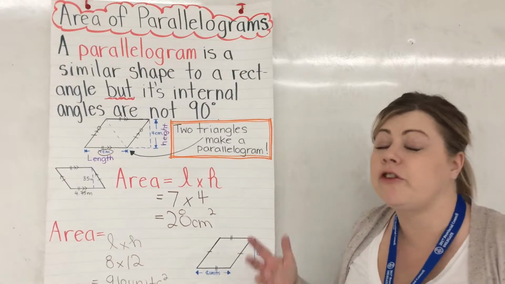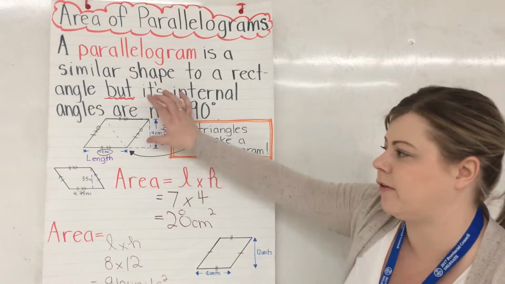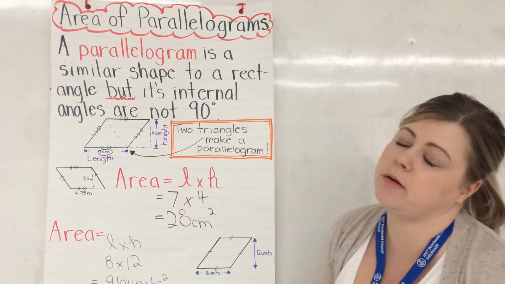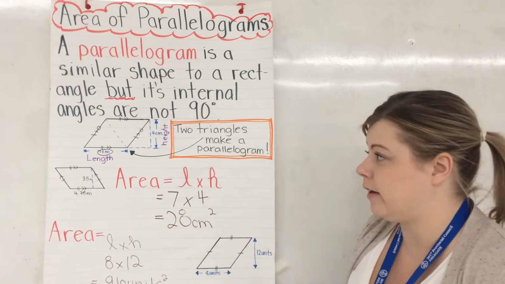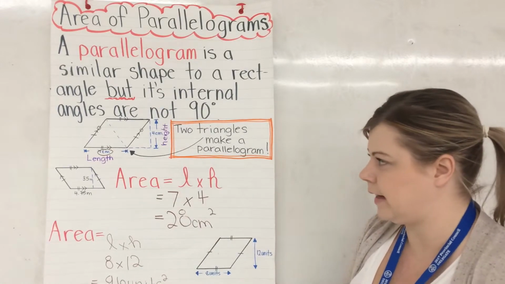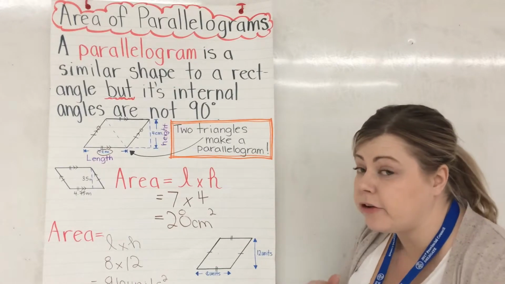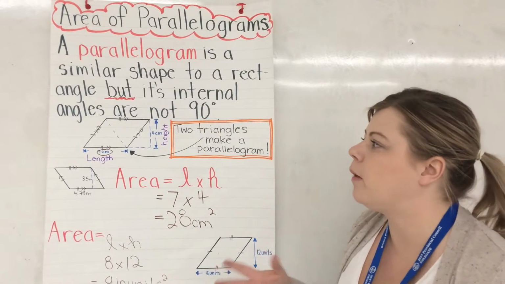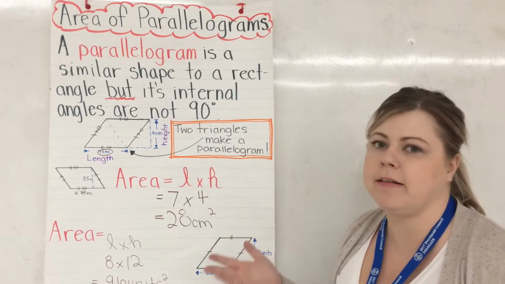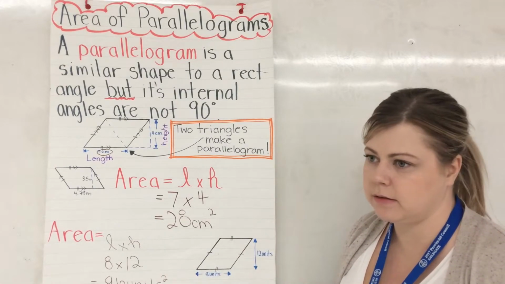So again, it's just like a square, except it's a square that's kind of been squished and they no longer have 90-degree angles. And again, just like a rectangle or a square, you're going to see those 2 triangles in it. Now, you might see a question in your workbook that's going to talk a little bit about what would be the area of a parallelogram with these 2 triangles.